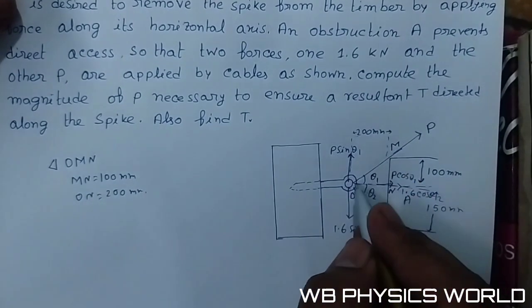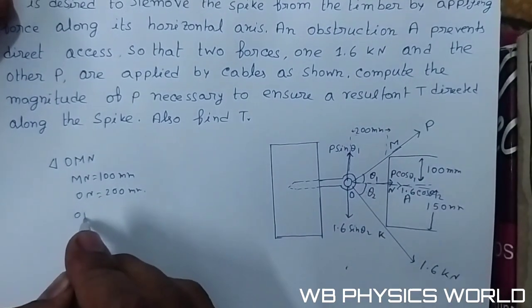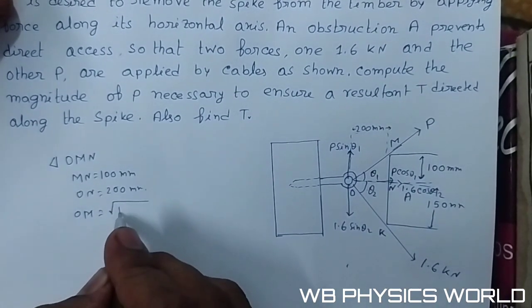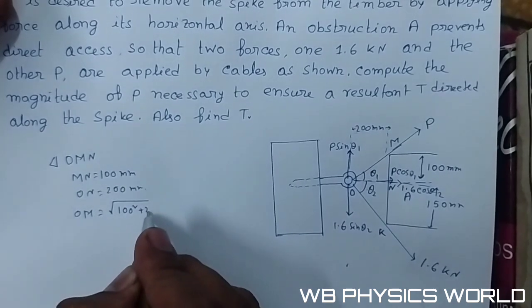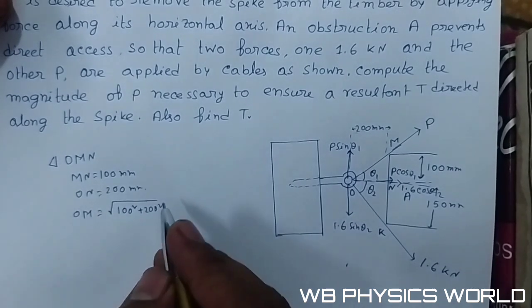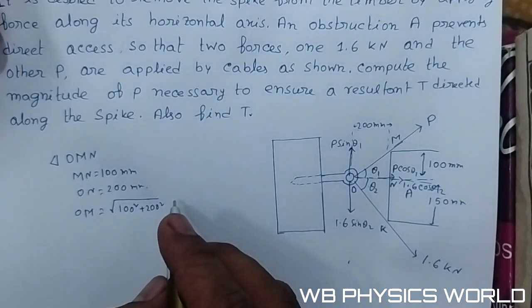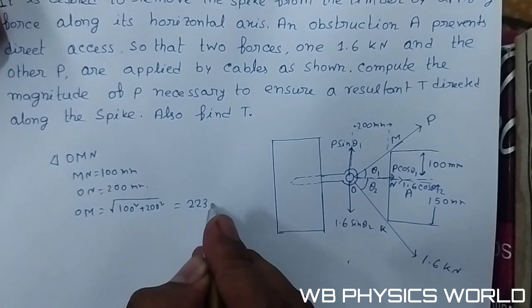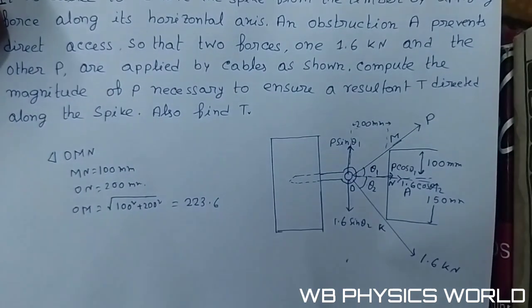So the hypotenuse, that is OM, is given by root over 100 square plus 200 square, and this is 223.6.